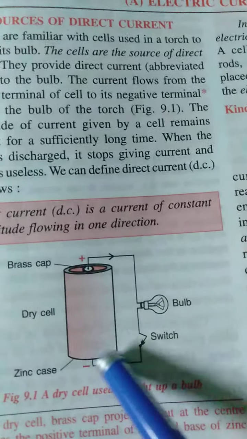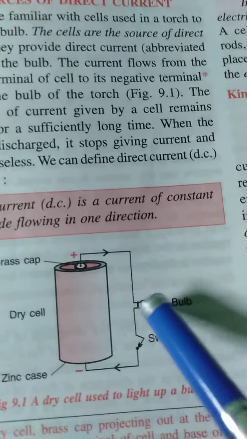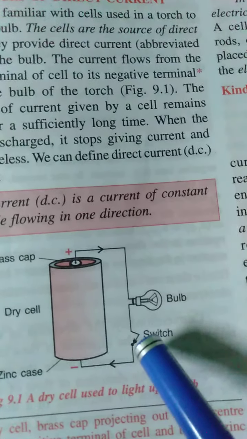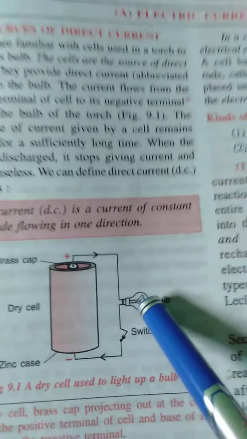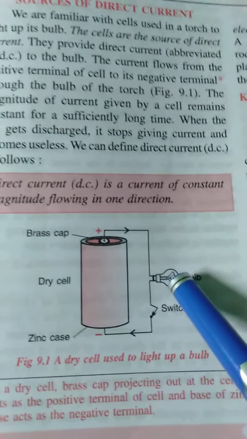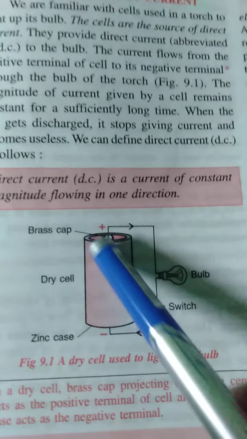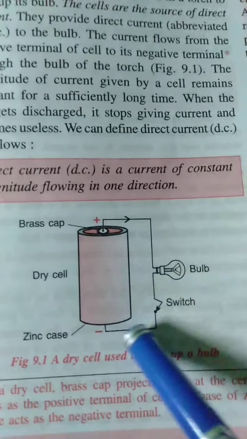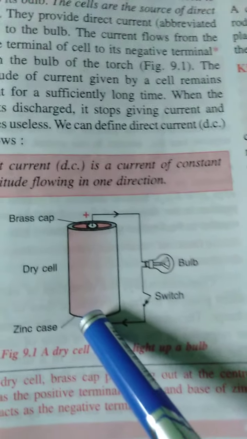When the cell is joined to a bulb and the circuit is completed, we can see that the bulb is glowing. This proves that current is flowing in the circuit, and the cell is the source of current.